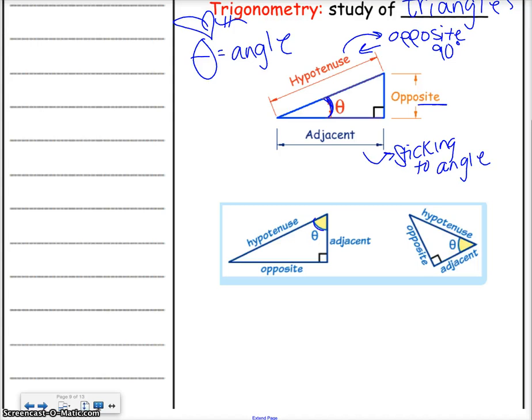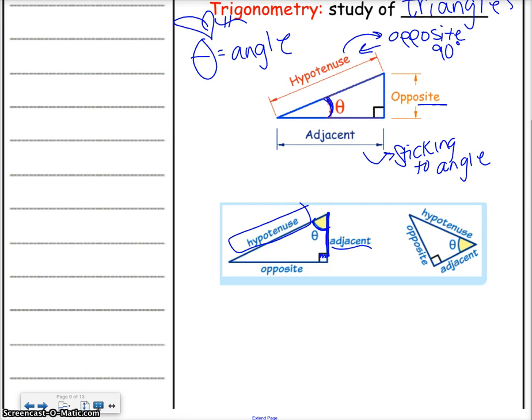So here if I have theta, well, theta's on that top right there, then what's adjacent to theta is the segment that's sticking to it. Notice adjacent, it's sticking to the angle. Hypotenuse is always opposite the 90 degrees. Here's my 90 degrees. Hypotenuse is the segment after it.